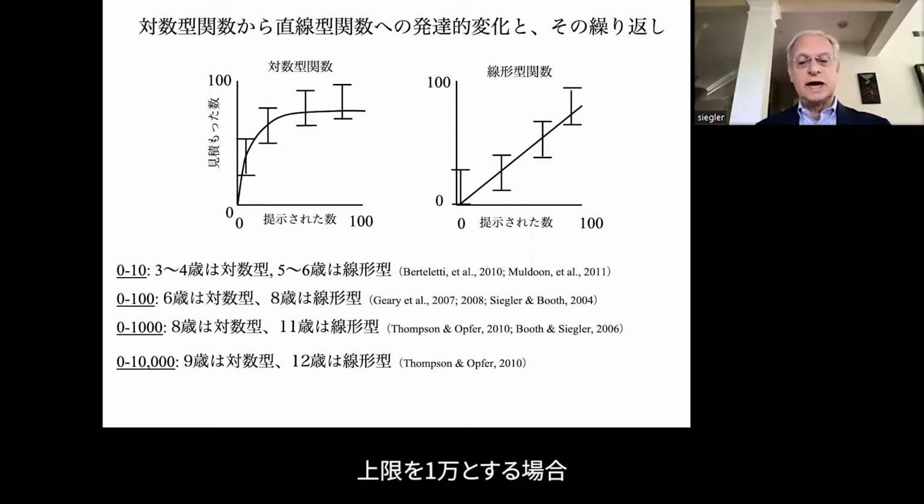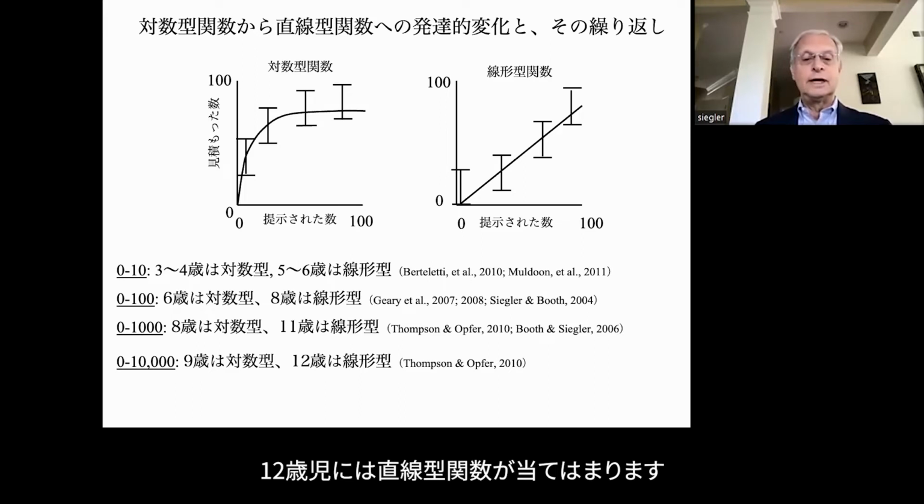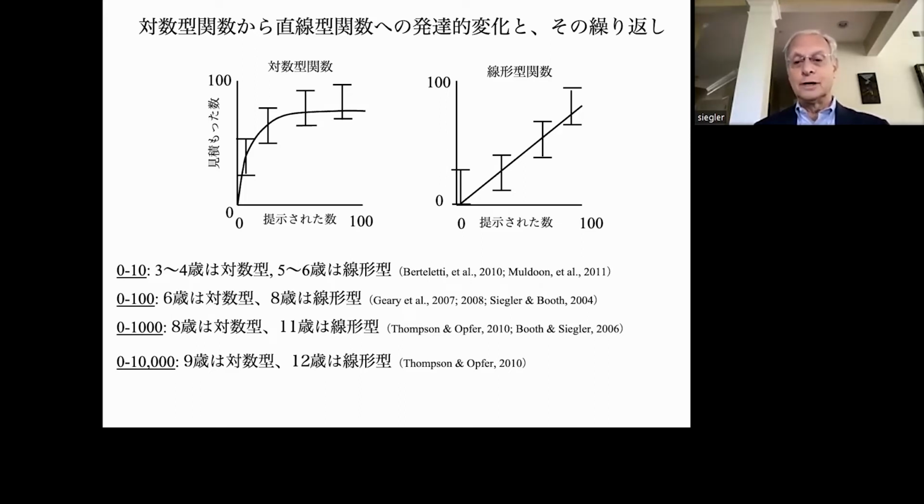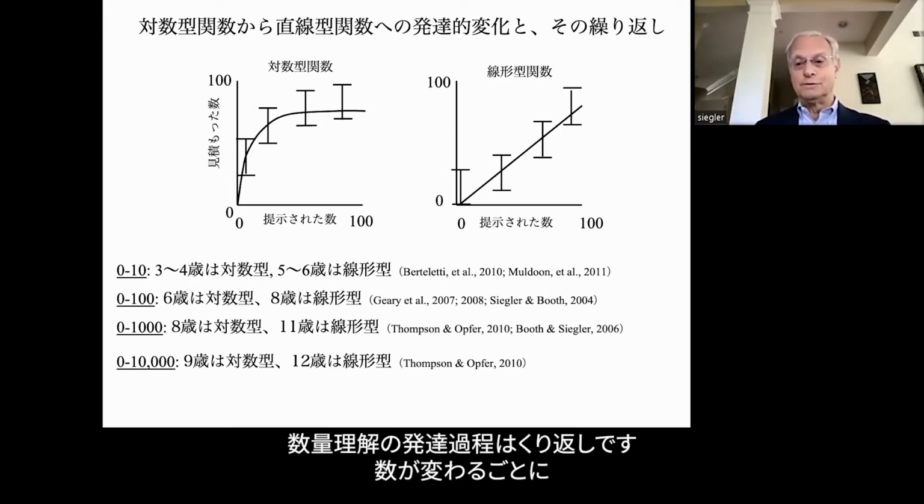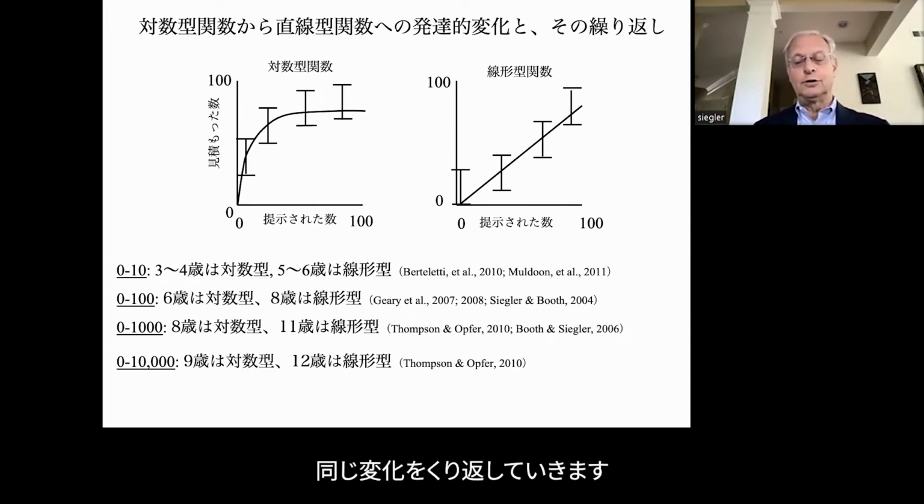And Clarissa Thompson and John Opfer found that for 0 to 10,000, 9-year-olds generate a logarithmic pattern and 12-year-olds a linear pattern. So development repeats itself at different ages for different numerical scales.